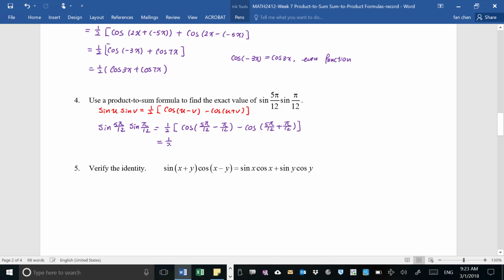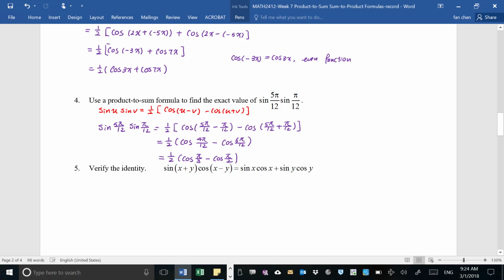That is equal to half of cosine 4 pi over 12, which is pi over 3, minus cosine 6 pi over 12, which is pi over 2. So that's half of cosine pi over 3 minus cosine pi over 2.